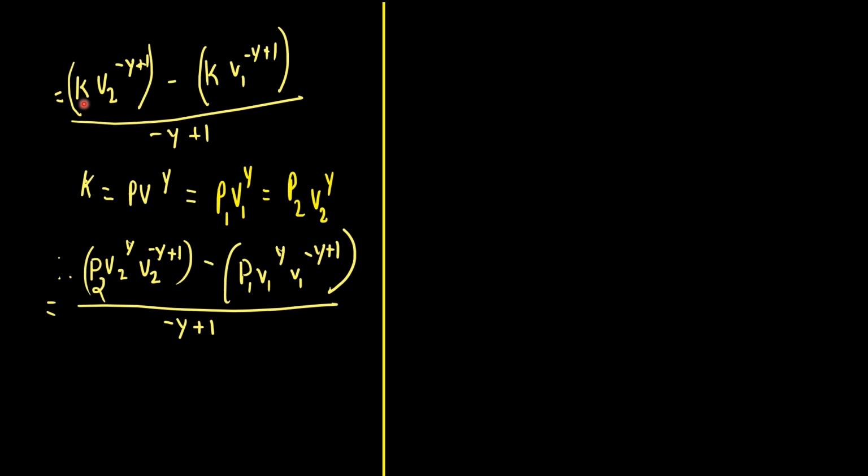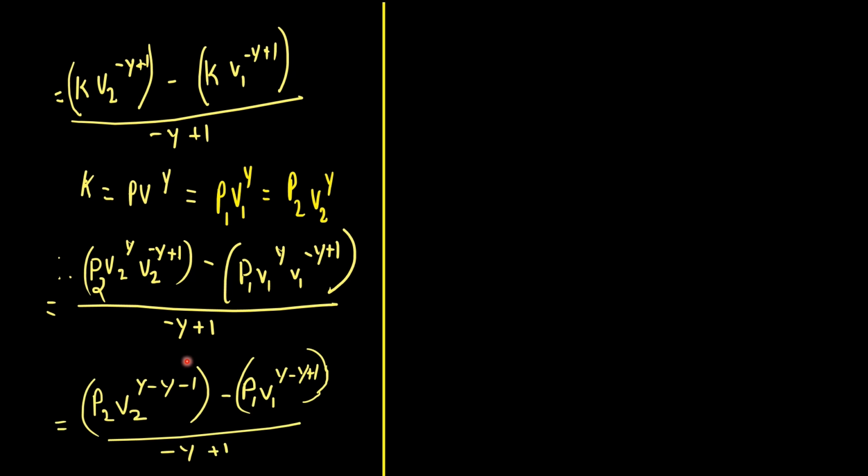K V2 raised to negative gamma plus 1 will be P2 V2 raised to gamma into V2 raised to negative gamma plus 1, minus P1 V1 raised to gamma V1 raised to negative gamma plus 1. Because in this case, K becomes P1 V1 raised to gamma, the whole divided by negative gamma plus 1.